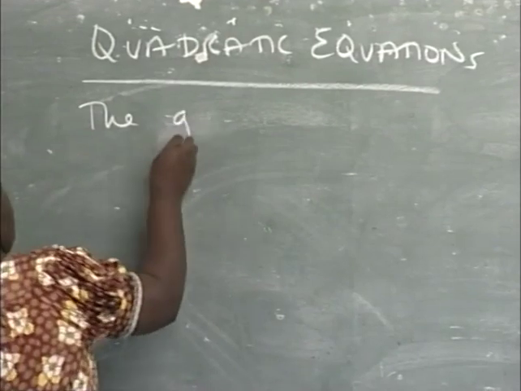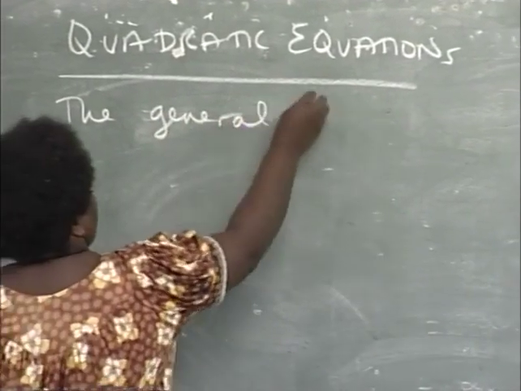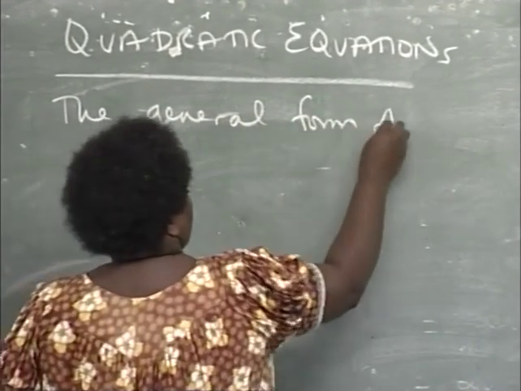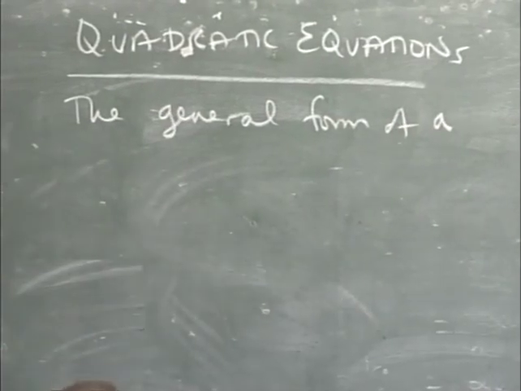Okay, the general form of a quadratic equation.